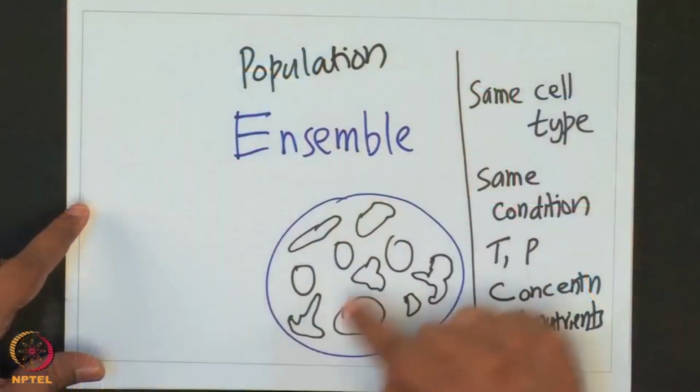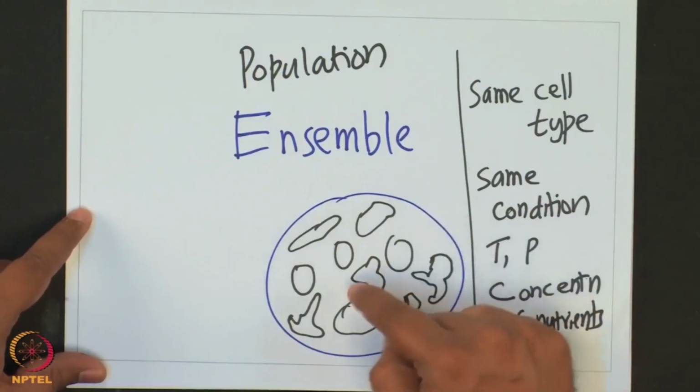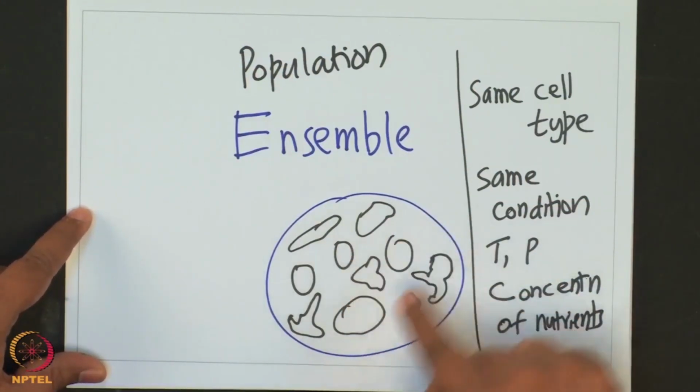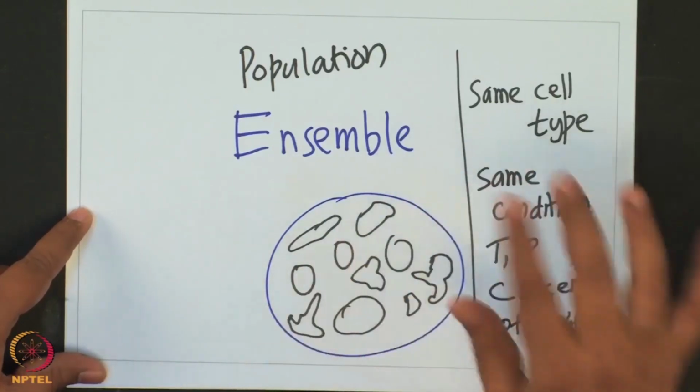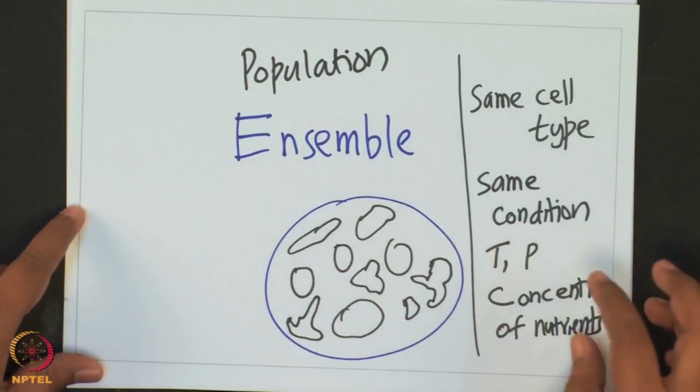In such a set of cells you can do various measurements. You could measure, for example, the area of each of these cells, and the area of this one would be different from the area of that one, so you will get different numbers.